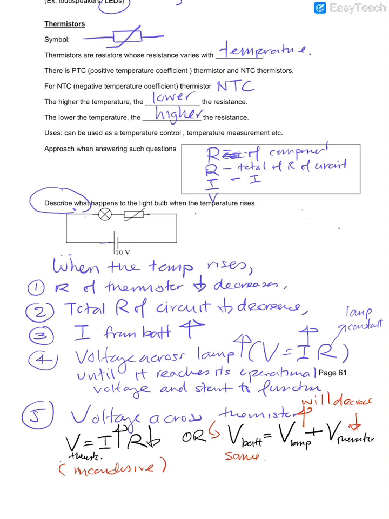What's the use of this, like the lamp lighting up? It can be like a warning signal. Let's say you attach this thermistor to some device or some room. If the room temperature rises, it connects to a lamp outside, then the lamp goes on, like an alert.